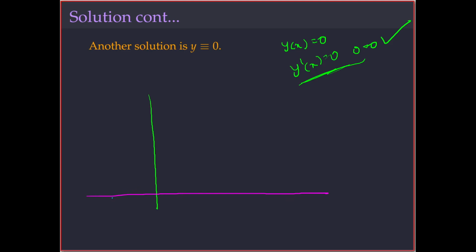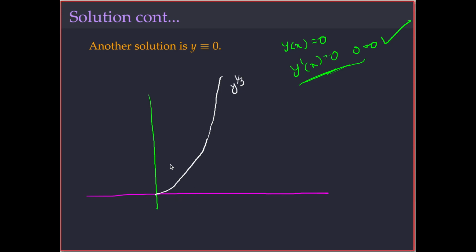So this is your solution and this is also a solution.